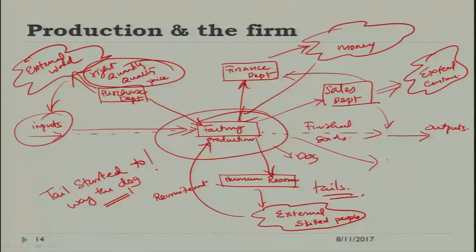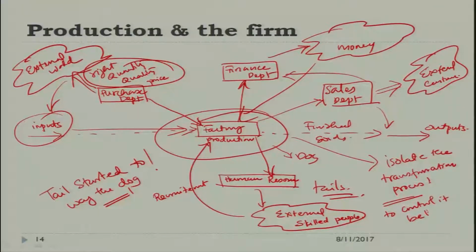So, the production and the firm, the idea of all of this is to isolate the transformation process. Why are we isolating the transformation process? To control it better. Why are we controlling it better? To increase efficiency.